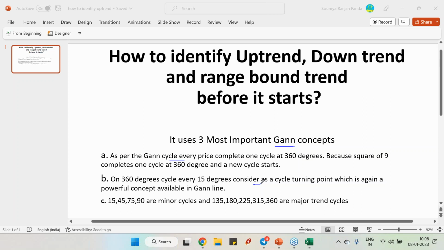See the sea change, or the great difference, between the technical studies and Gann studies. Here the concept of cycle comes: how long your attention will be focused on that particular counter is called the cycle. We cannot ask every trader whether they are now concentrating on Nifty.